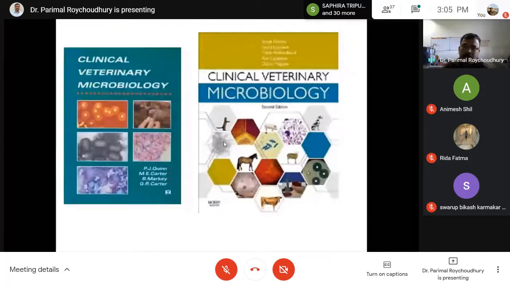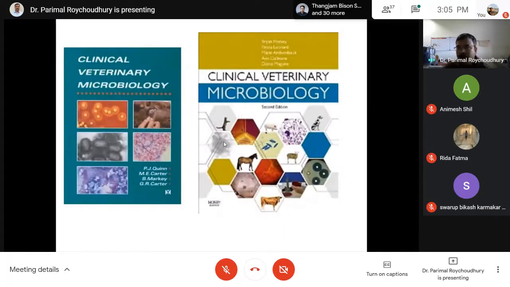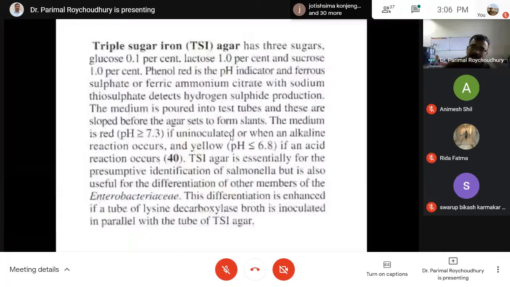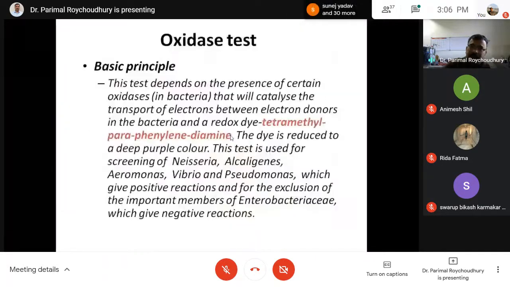In bacterial isolation and identification, we always take help of this type of standard book with good pictorial demonstrations, and we compare, because it's not possible for us to remember each and every biochemical test exhibited by all these different pathogenic organisms. So we take help of standard references for identification purposes. So this is about biochemical tests for identification of bacteria.